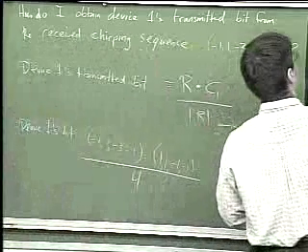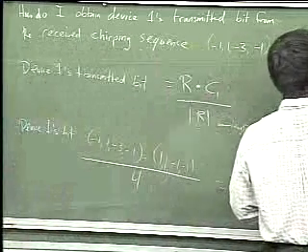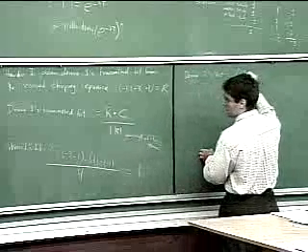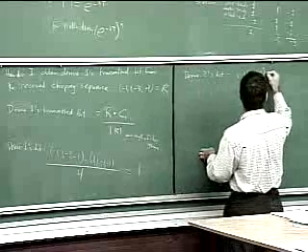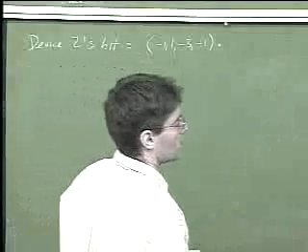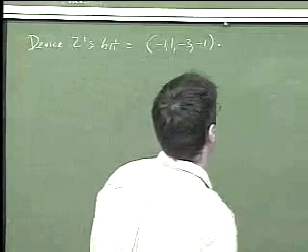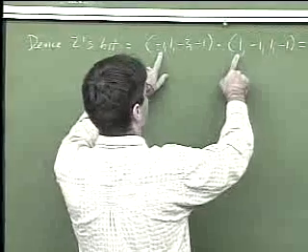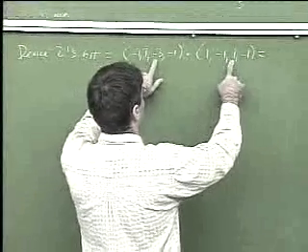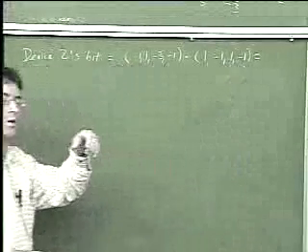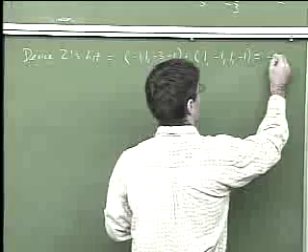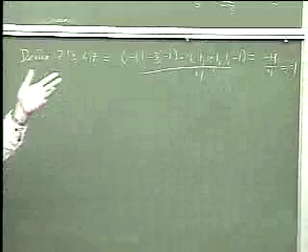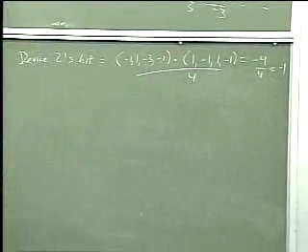Right? And device 2's bit is going to be this minus 1, 1, minus 3, minus 1, dotted with 1, minus 1, 1, minus 1. Which is going to be minus 1, minus 1, minus 3, plus 1. So minus 4. And that divided by 4 is minus 1, which is indeed what it tried to send. Right?